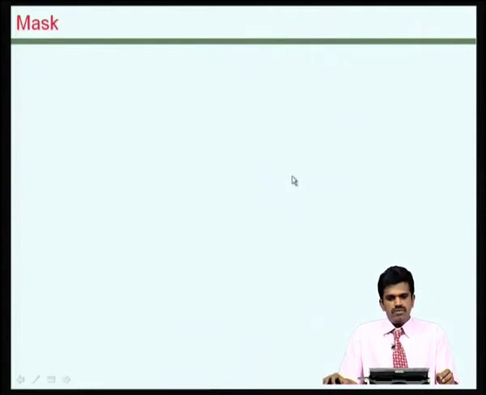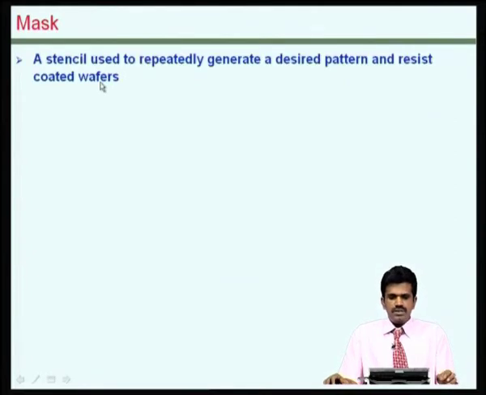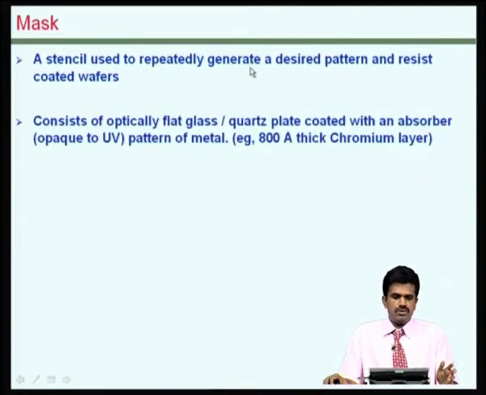So, the first thing that we need to have is a mask. A mask is essentially a stencil used to repeatedly generate the desired resist pattern, which is transferred onto the resist coated wafers.